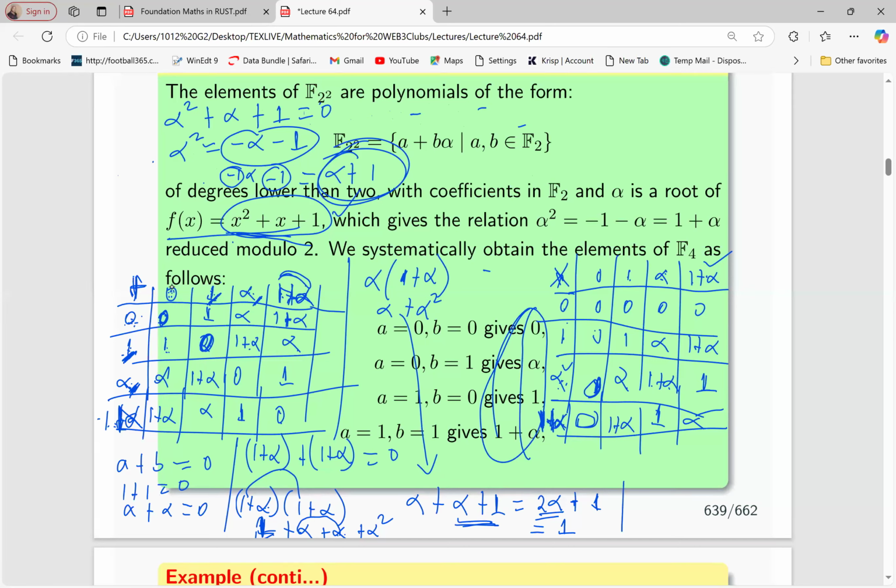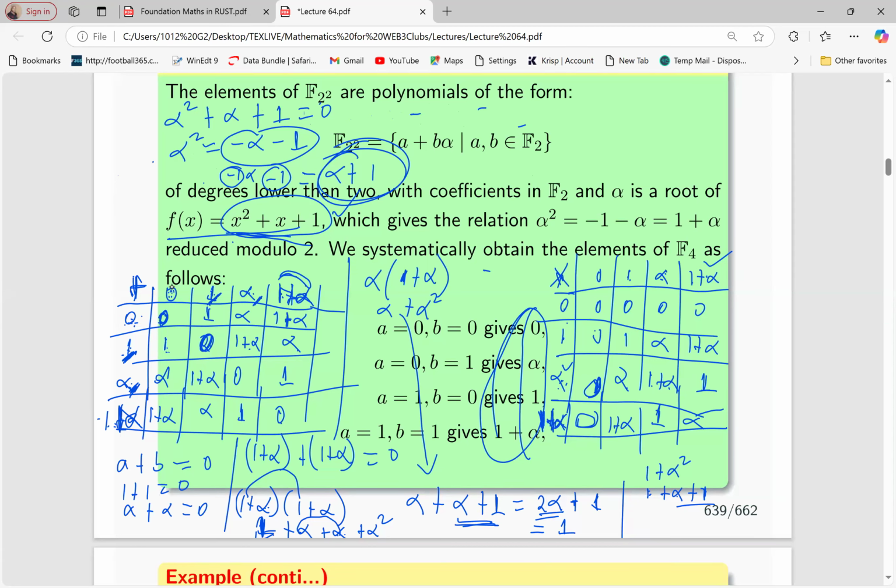So what we now have is 1 plus alpha square, but this is the same as 1 plus alpha plus 1, which is alpha, because 1 plus 1 is 0. So you get alpha. So we've done multiplication again.